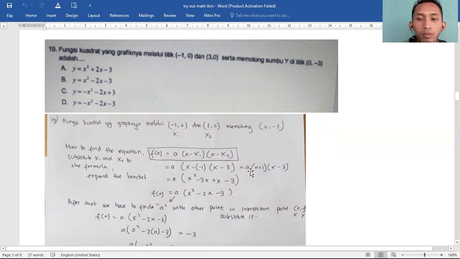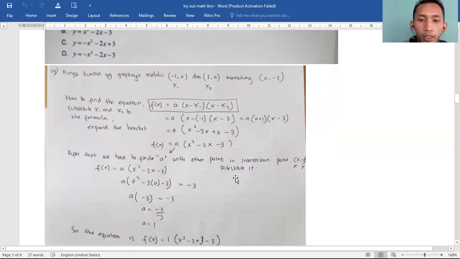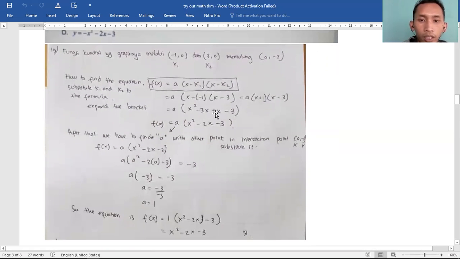It becomes x squared minus 3x plus x, 1 and negative 3. So let's simplify it. Negative 3 and plus 1 is equal to negative 2x minus 3.